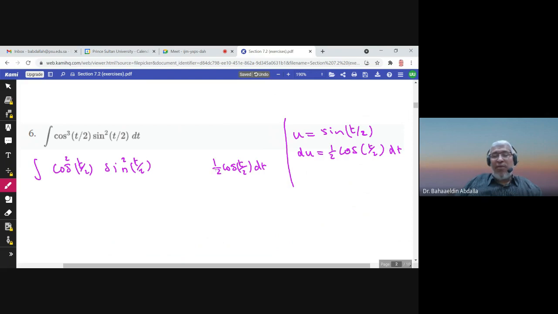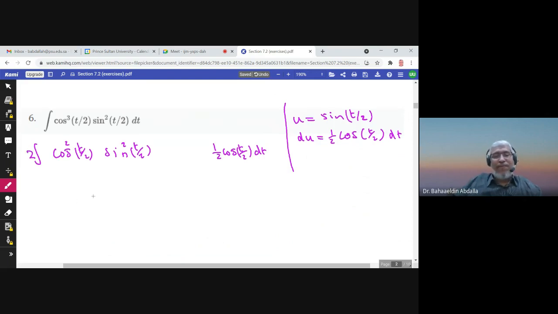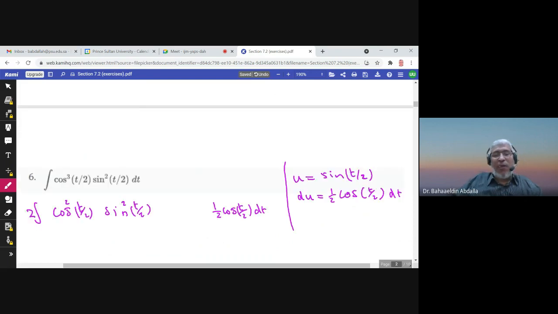And I multiply it by half, so outside I will multiply by 2. Now sine would be taken as u, but cosine I don't need it, so I have to change it to sine. So I know that cosine square t over 2 would be equal to 1 minus sine square t over 2.